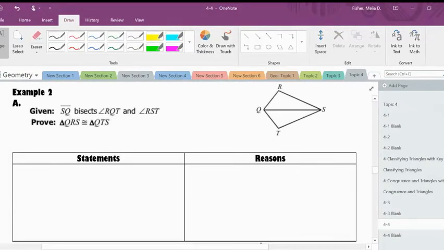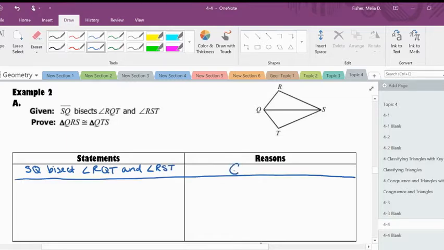Let's look at example 2, where we're going to do another proof. Step 1, SQ bisects angles RQT and angle RST. And that's given.